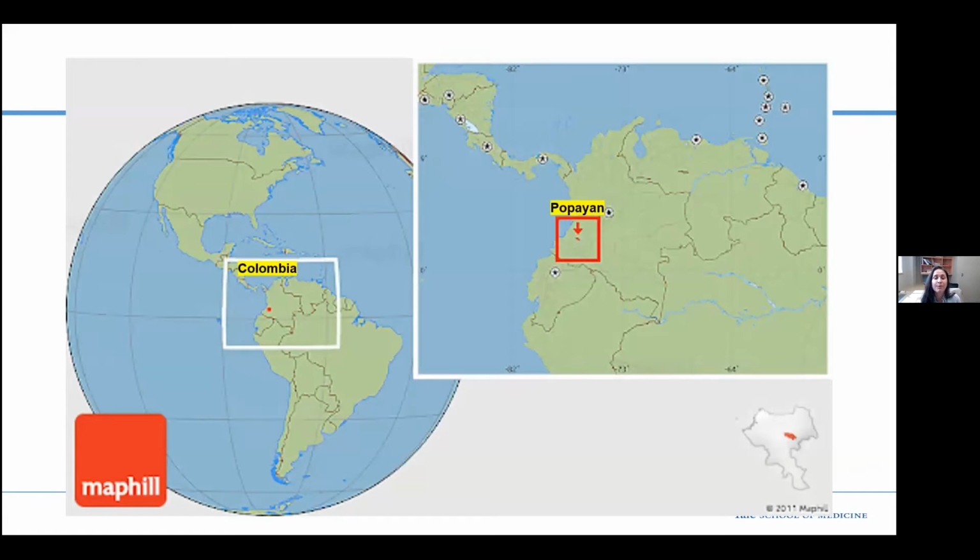So I was born and raised in Colombia, South America. For those of you who don't know where Colombia is, it's actually at the north in South America. So it's located here in this corner, kind of bordering Central America. And this red dot here in the southwest of the country, that's where I was born. I was born in a very small town called Popayan.